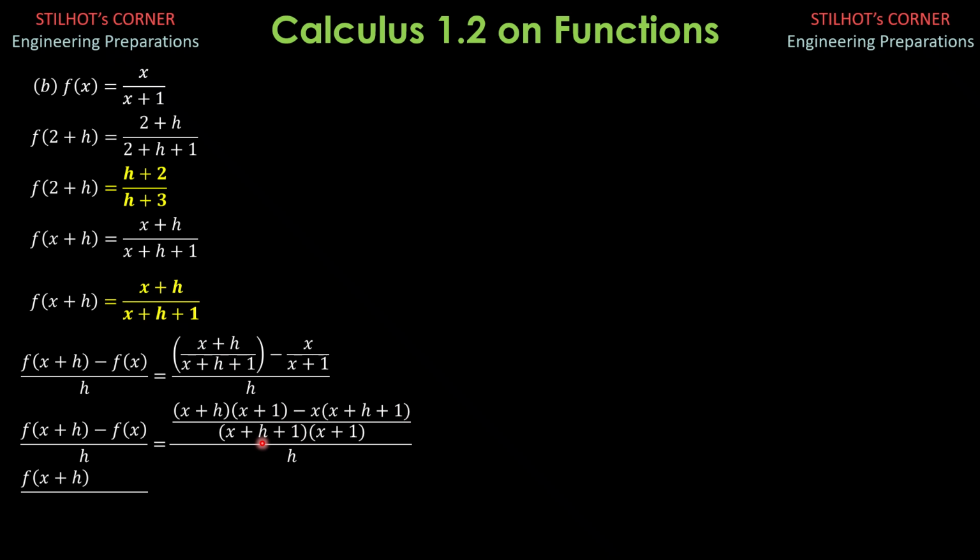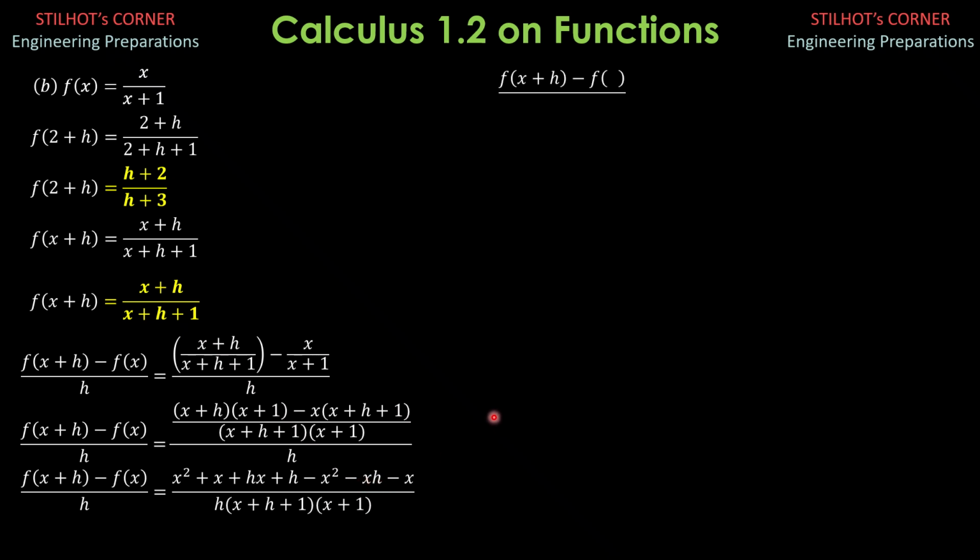So simplifying, it is equal to x squared plus x plus hx plus h minus x squared minus hx minus x all over h times quantity x plus h plus 1 times x plus 1. So let's make this hx, xh, hx is the same, then cancel like terms that have opposite signs.